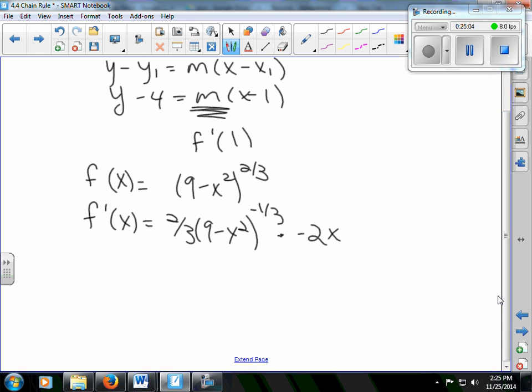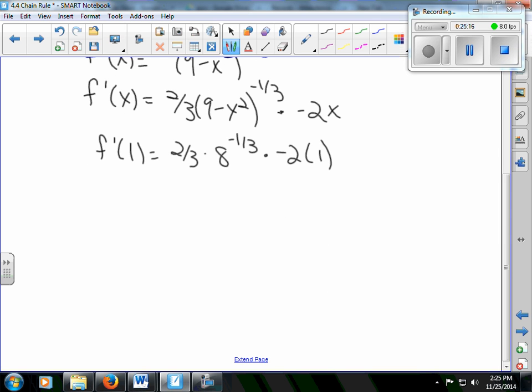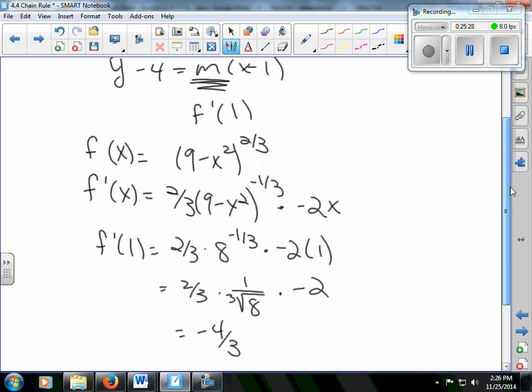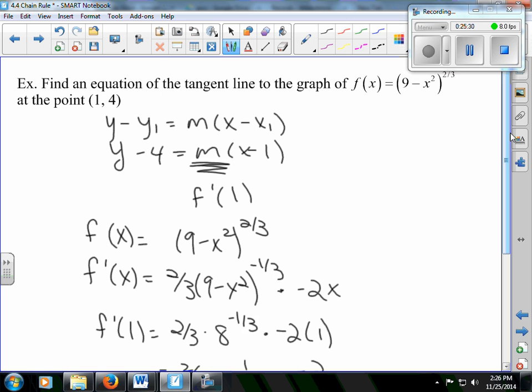So if I plug 1 in, I get 2/3, 9 minus 1, that's 8 to the negative 1/3 times negative 2 times 1. So this is 2/3 times 1 over the cube root of 8 times negative 2. The cube root of 8 is 2, so this is negative 4/3. And then let's go back to our line. Just replace m with negative 4/3.